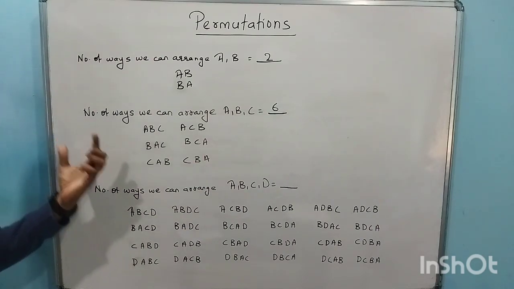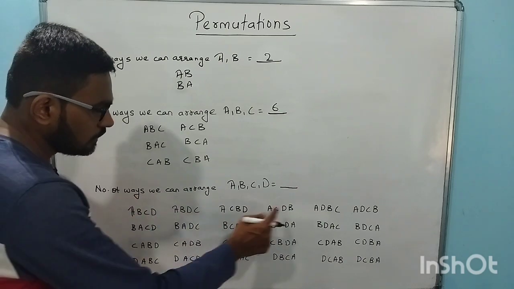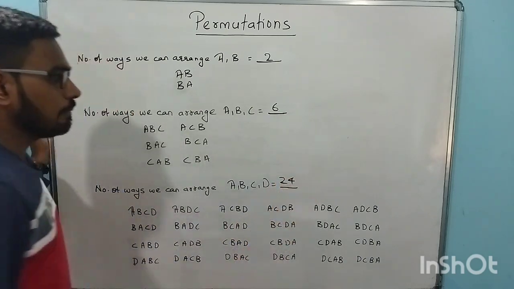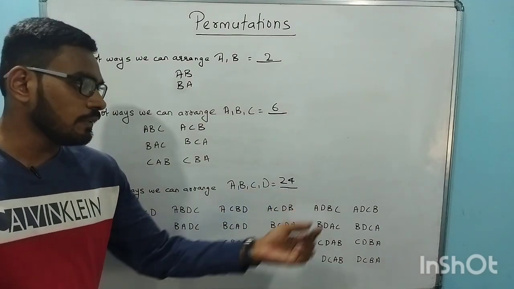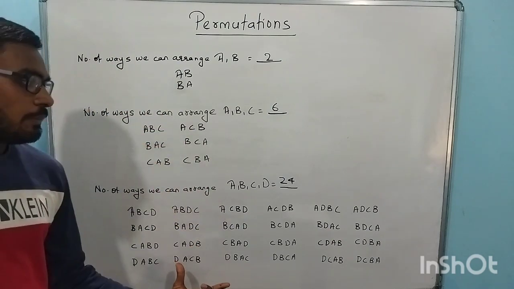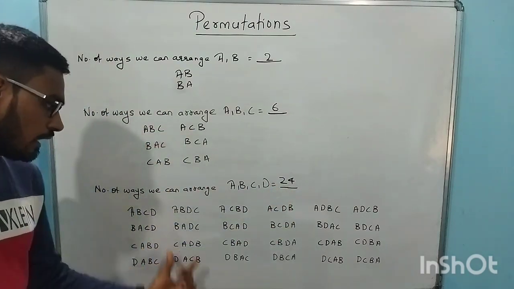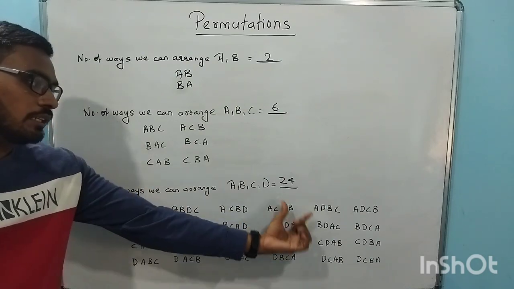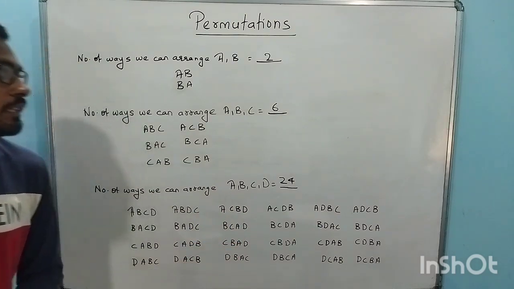And finally conclude that there are a total of 4 into 6, 24. But if I increase one more letter now, it will become more difficult. So with this method, directly arranging and checking how many possible ways there are, it is difficult. So we need some different method.